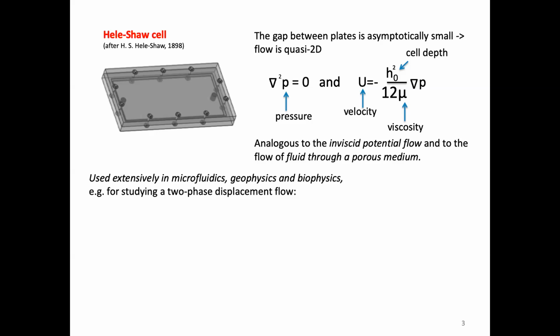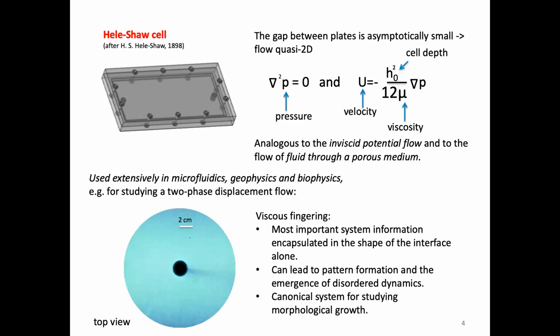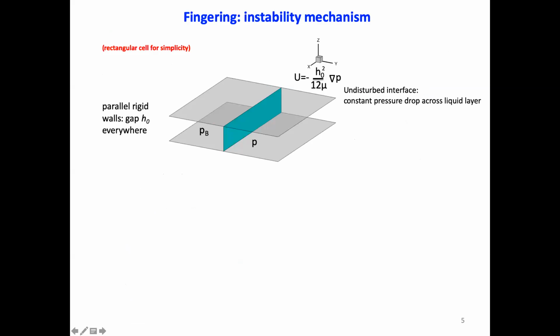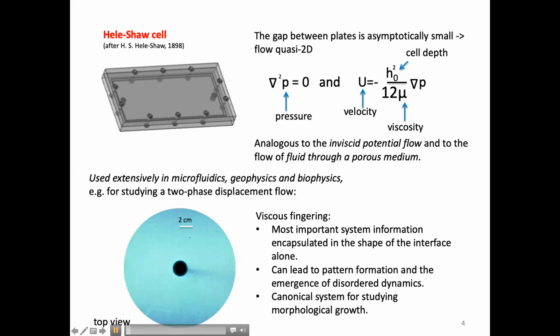In particular, one of the problems for which Hele-Shaw cells have been used a lot is to study a two-phase displacement flow. So for example, if you're filling the cell with some viscous fluid and then trying to push the fluid out of that cell by injecting a different fluid, which is of a lower viscosity, then at the interface between these two fluids you have development of the instability called viscous fingering, and this viscous fingering is very easy to actually observe.